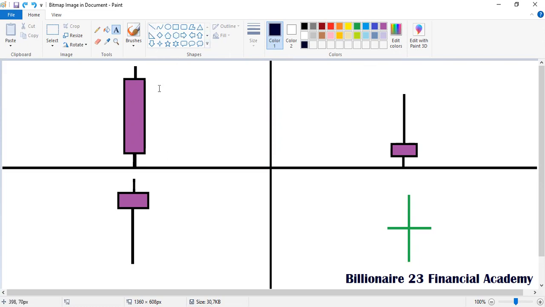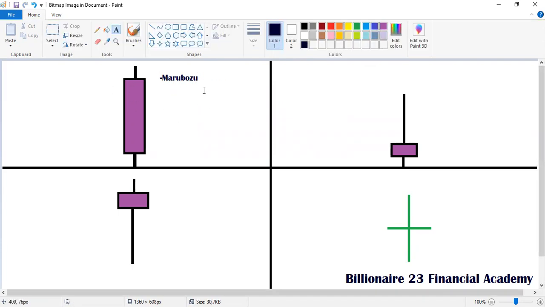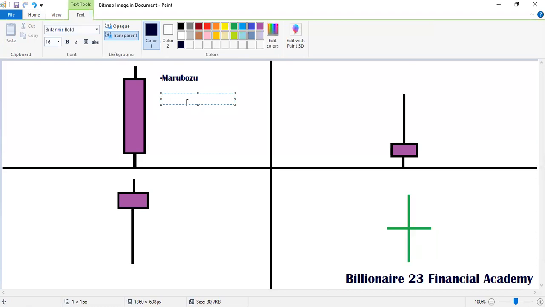So first off, we have this candlestick known as the Mariposa. This is called the Mariposa Candlestick. The characteristics of the Mariposa are that it has a long body and no or very small wicks.